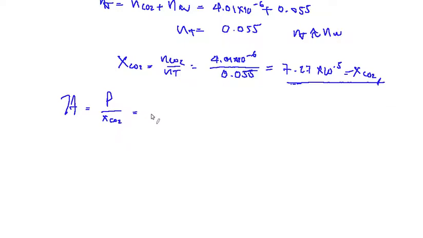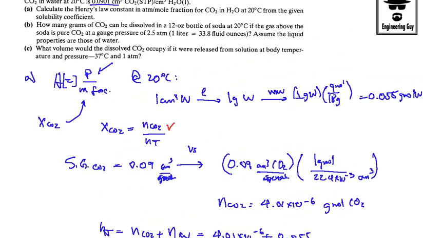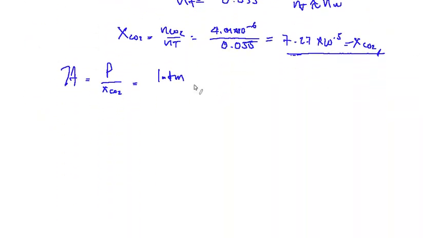What's the pressure? I think it's 1 atmosphere. If I don't remember, okay, let me check. Yeah, 1 atmosphere. And my mole fraction is this one. So doing this I got 13,755 atmospheres per mole fraction. That's letter A.